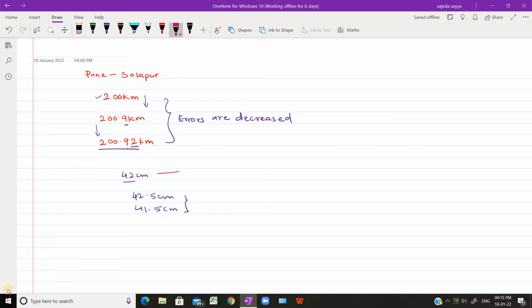But if the tailor has made a mistake, and instead of 42 he has made a kurta with a height of 43.5, then what do we need to do? Our tolerance in the measurement of the kurta's height is 0.5 centimeter, but more than that is not allowed. Here he has made the kurta 1.5 centimeters longer, so that tolerance or error is not allowed.